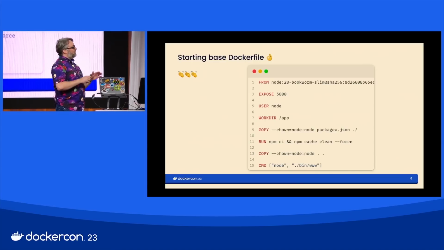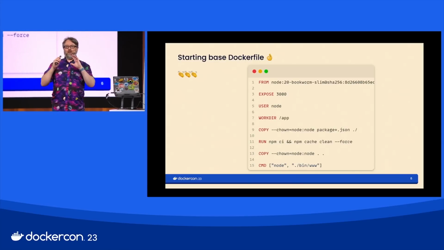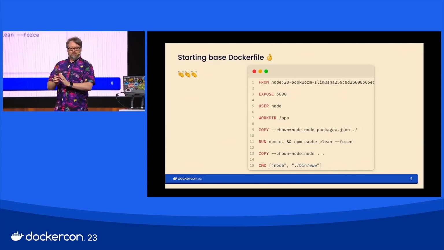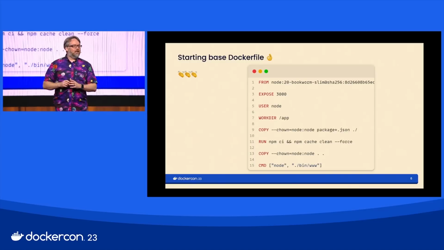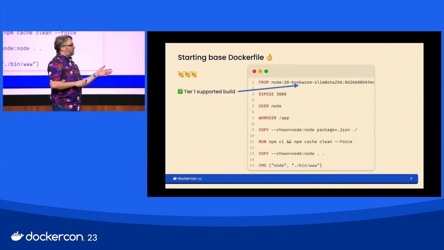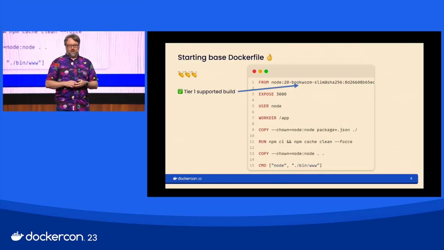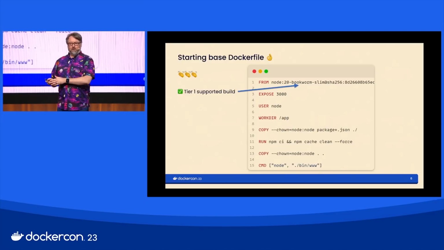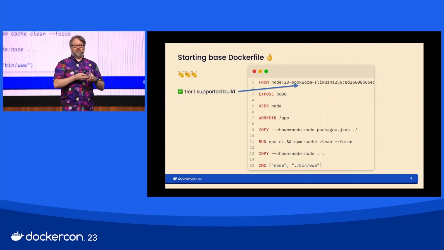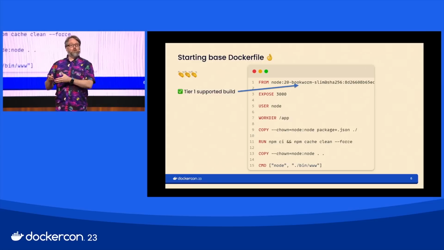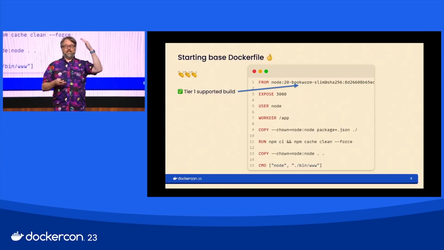So if we just revamp that and say, what if this was your day 1, this isn't necessarily production ready, but a day 1 image. You've got tier 1 supported builds, meaning, if you didn't know, in Node land, the Node project supports different compilations and different platforms, and they have tier rankings.